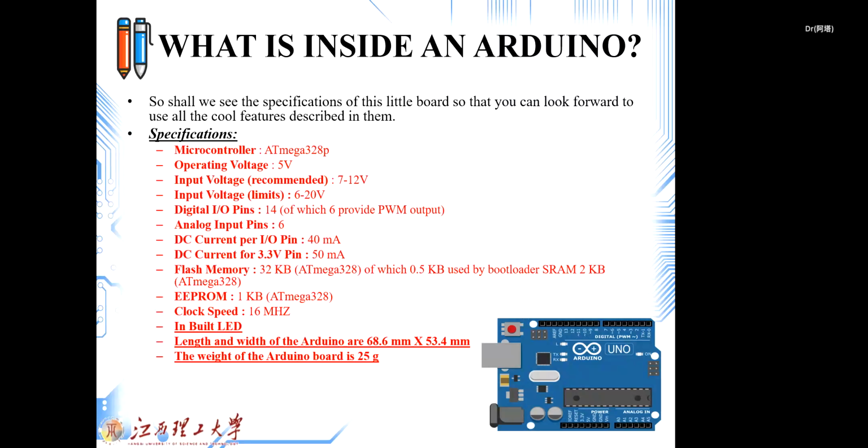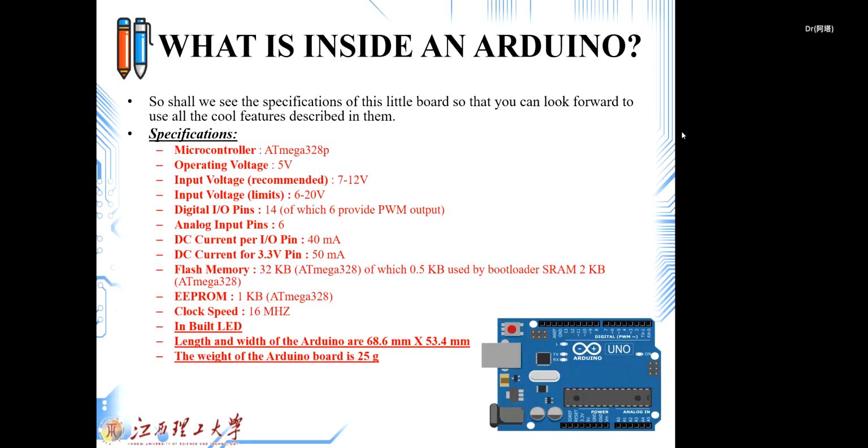Then you have the EEPROM or E2P RAM of 1 KB with the microcontroller 328 and clock speed of 60 megahertz. As with all Arduino boards, you have one LED which is built on the Arduino and it's physically connected to the pin number 30.